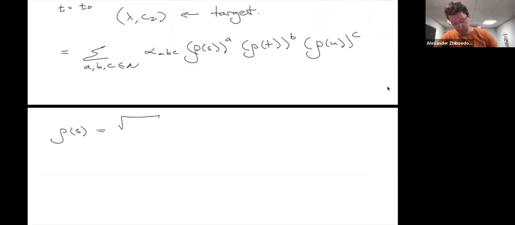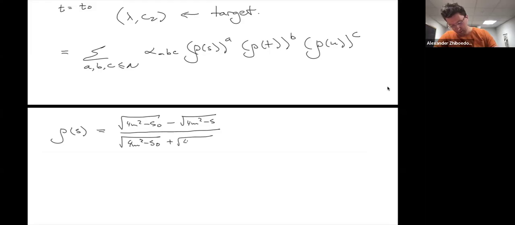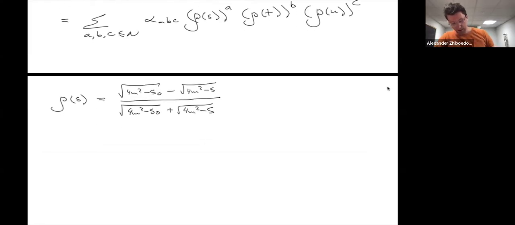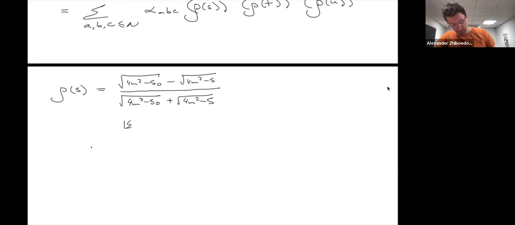You can define it as the square root of 4m squared minus S0 minus the square root of 4m squared minus S, over the square root of 4m squared minus S0 plus the square root of 4m squared minus S. You can check that if you start with a cut plane, where you have the cut at 4m squared, it maps it into a unit disk, where this is rho of the crossing symmetric point, which is 4m squared over 3, it's not zero.